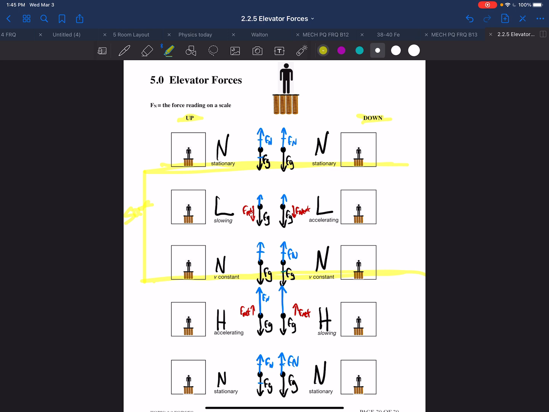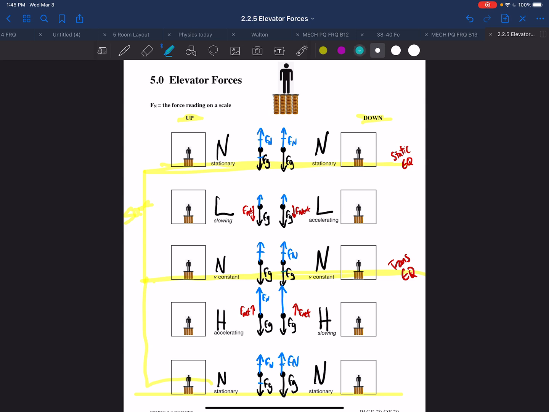In terms of the forces, there's no difference between an object with 0 velocity and an object with constant velocity. This is the difference between static equilibrium and translational equilibrium. The forces are exactly the same. And similarly, we see at the bottom, the third case, stationary, with the normal and weight forces occurring like so.